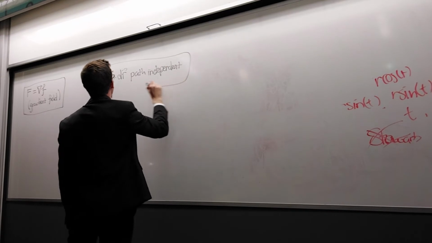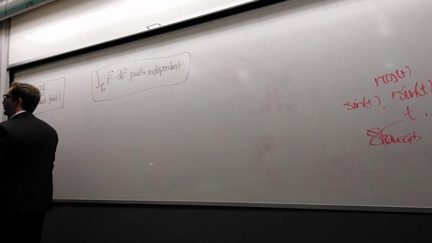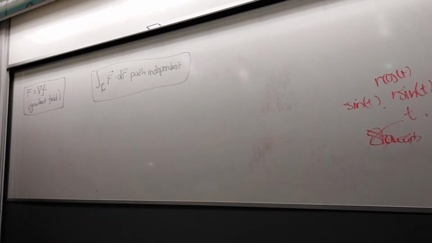Second box. Can anyone tell me a related notion to gradient fields? Irrotational. That's the other one I want to say. Let's say curl F = 0. We call this irrotational.